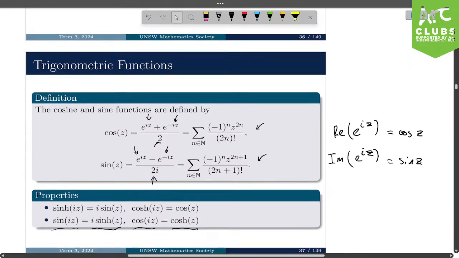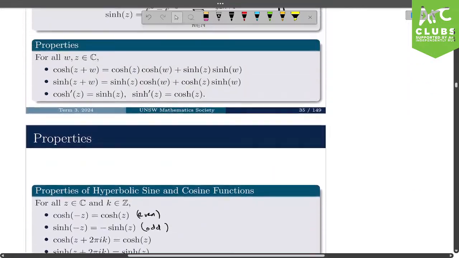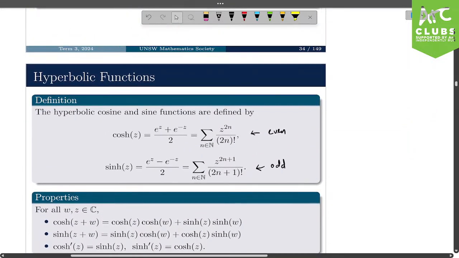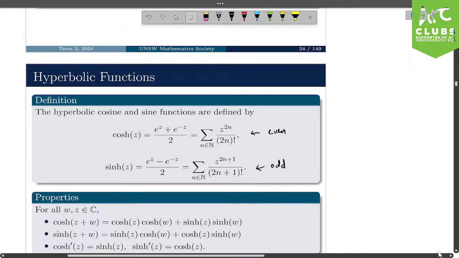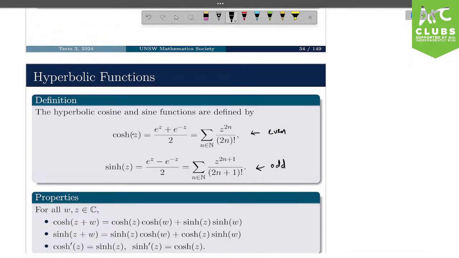And these are worth remembering, but even if you forget them, they're pretty easy to rederive. You just have to look at what happens when you plug in an imaginary number into our definition of the hyperbolic functions. You see that if you plug in cosh of iz, you just get something that looks identical to our definition for the cosine function, for instance.